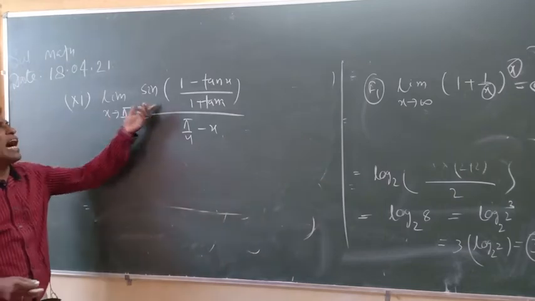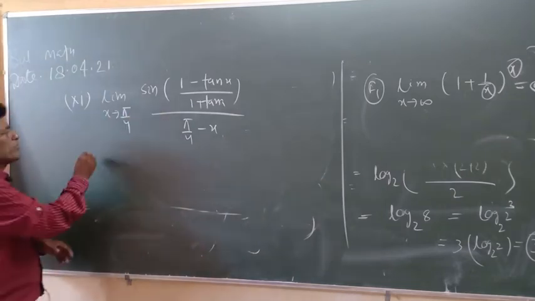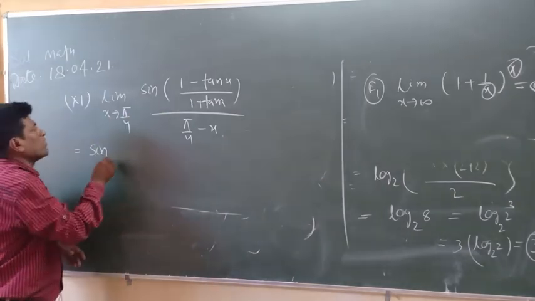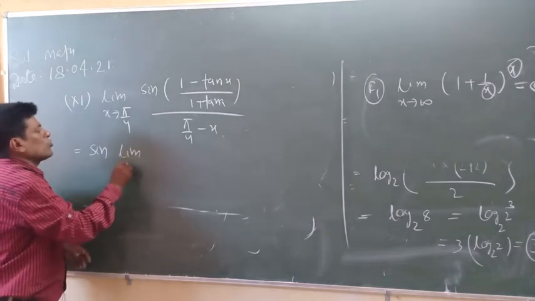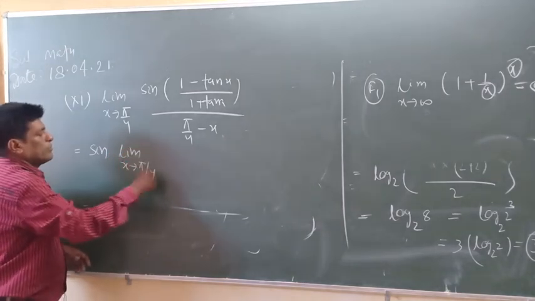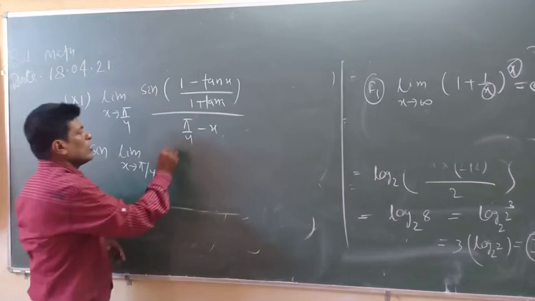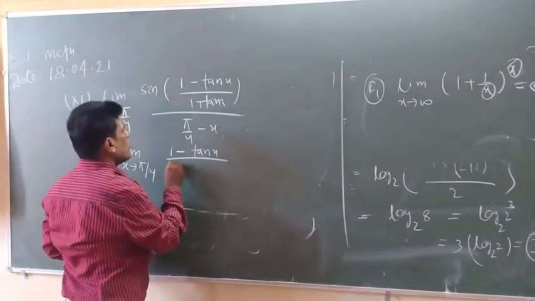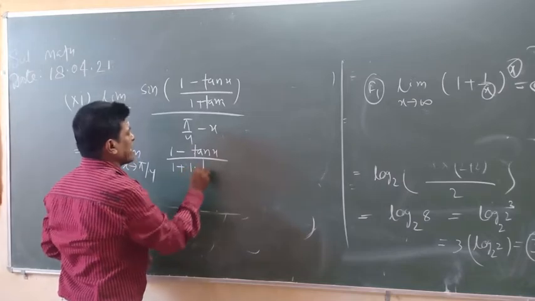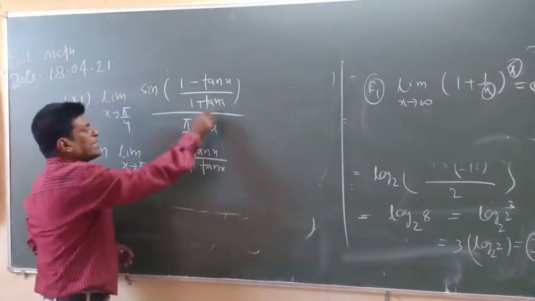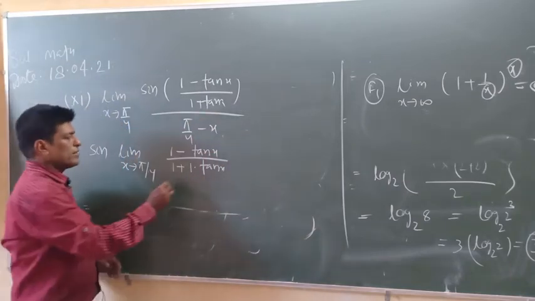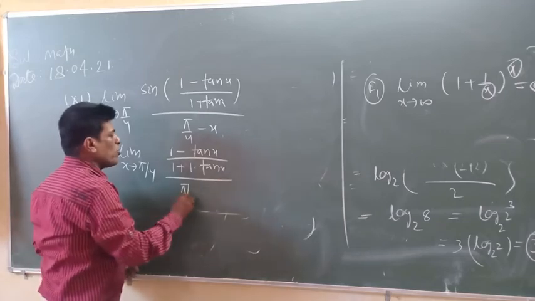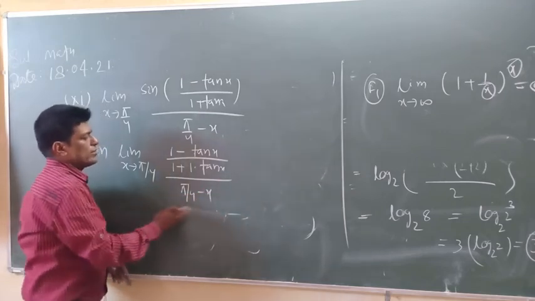Taking the sine function outside of the limit, limit x tends to pi by 4, it becomes 1 minus of tan x divided by 1 plus 1 into tan x, divided by pi by 4 minus x.